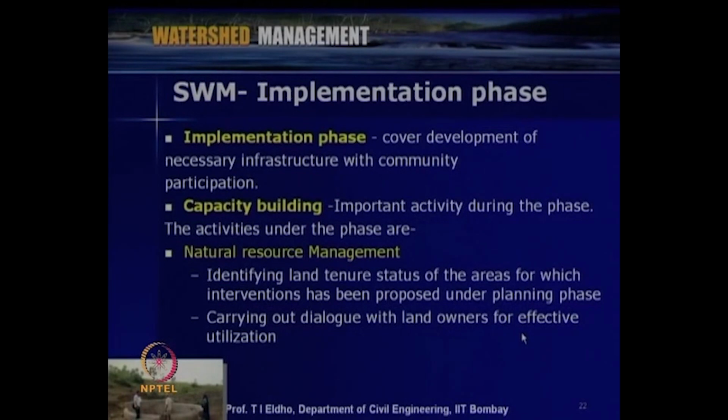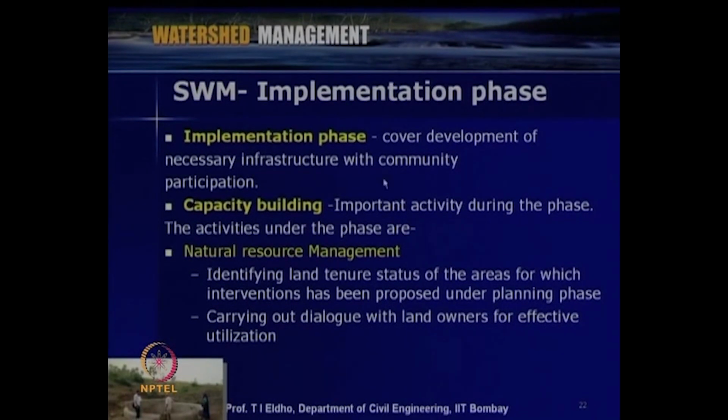Then the next one is the implementation phase. The implementation phase covers the development of necessary infrastructure with community participation. Whatever plans are made on a priority basis, we have to implement. There we have to look at capacity building; capacity building between the stakeholders is important, so this is an important activity during the phase.